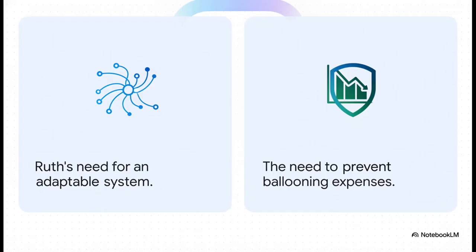But right here is where we arrive back at our fundamental tension. On one side, we have user flexibility. That's Ruth's need for a highly adaptable, responsive system. On the other side, we have cost effectiveness, which is the overarching need for the company to manage its resources efficiently and prevent ballooning operational expenses. In traditional setups, these two forces are in constant competition with each other. But what the source documentation outlines is that the Hermes setup is strategically designed to prevent them from competing with one another entirely.